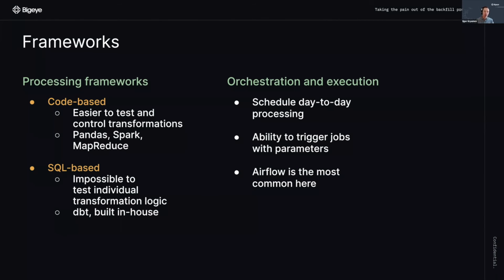So for orchestration, you schedule your day-to-day processing, and you need to be able to pass those parameters into your code. As we said, we're parameterizing those input data sets. We need something to pass in what parameters are running or the defaults. And so typically orchestration frameworks have some way to pass parameters into the jobs that they're running. Airflow is the most common example here.